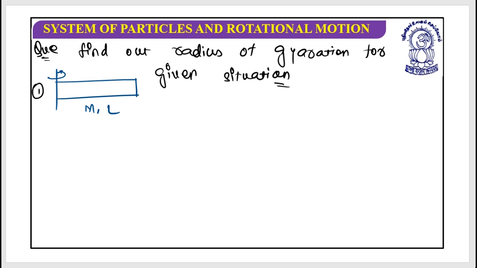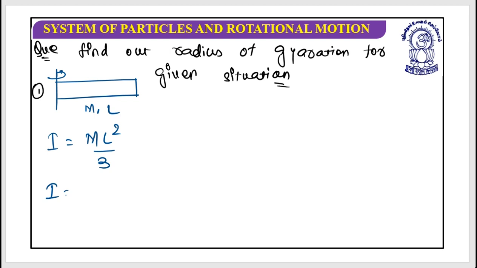This is first. So what I need to do, I need to find only the moment of inertia, and that moment of inertia needs to be compared with the MK square. So let's first write down the moment of inertia of this rod. I is equal to ML square by 3 because it is going to be rotated from its end point.